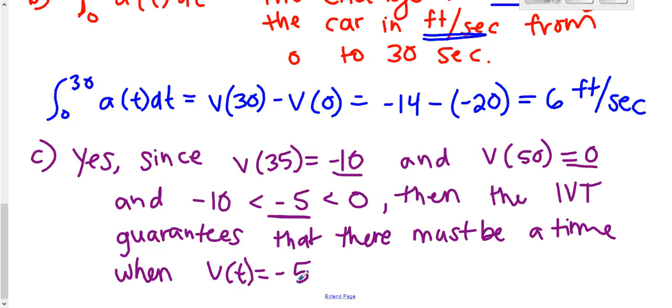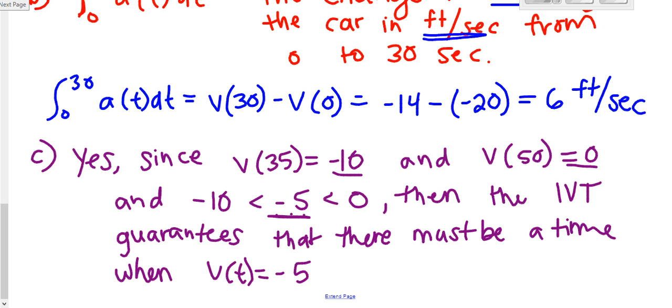So yes, since we have -10 and that time is 35, and we have 0 and that time is 50, and -5, so those values on the outside, -5 is in the middle of that, then we have the intermediate value theorem that guarantees that there must be a time when the velocity is equal to -5. We don't know what that time is, but there's some time where the velocity is -5 because it has to connect.